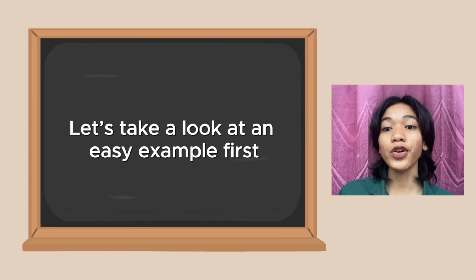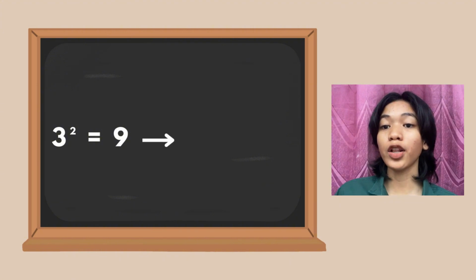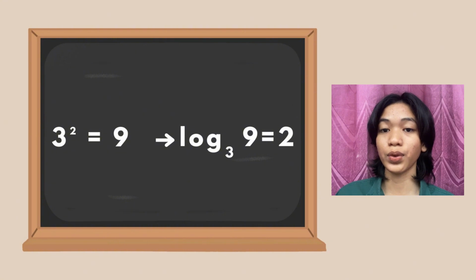Let's take a look at an easy example first. Number 1. If 3 to the power of 2 equals 9, then in logarithmic form it becomes log base 3 of 9 equals 2. Number 2.